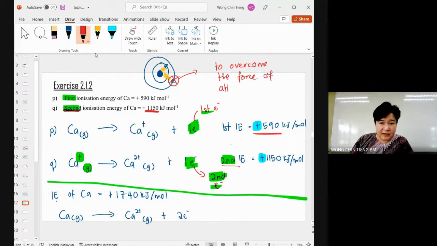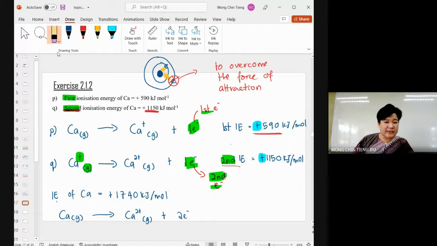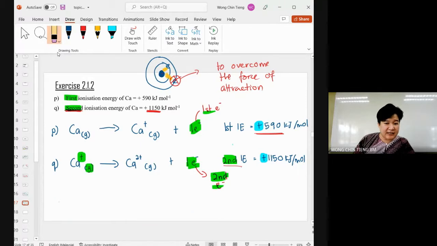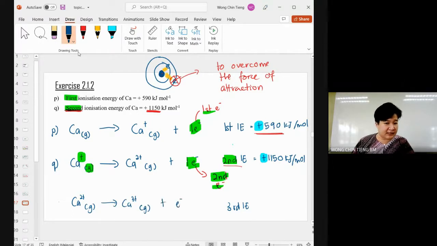Okay? And next question. Kalau Miss Wong ada IE3, kalau kita ada ionization 3, saya nak buang elektron ketiga, third IE. Okay? I will have my calcium 2 plus gas. Saya nak jadi calcium 3 plus gas plus the third electron.